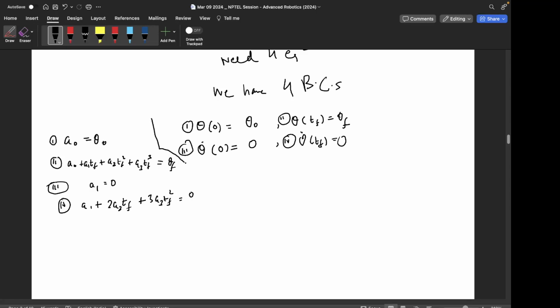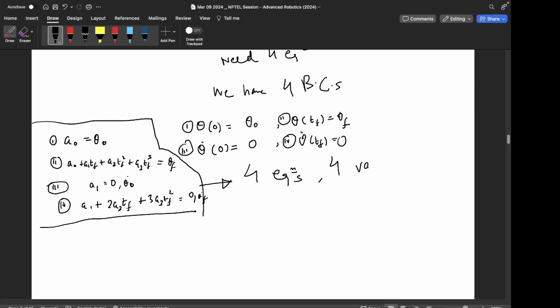This is the same process you will take for any boundary conditions, not just for 0. In place of 0 you will write some theta 0 dot, and at the end you will write some theta f dot. So it's the same, and you get four equations and four variables, which implies that you have a unique solution.